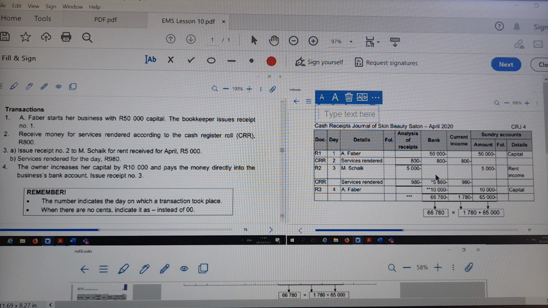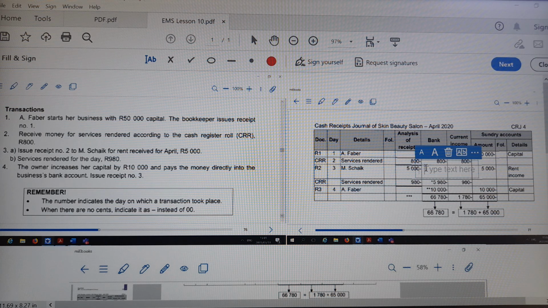So for me, under the rent, I would put in the bank a 5,000 rand, and I will put the dash at the end, as they say we must do it.